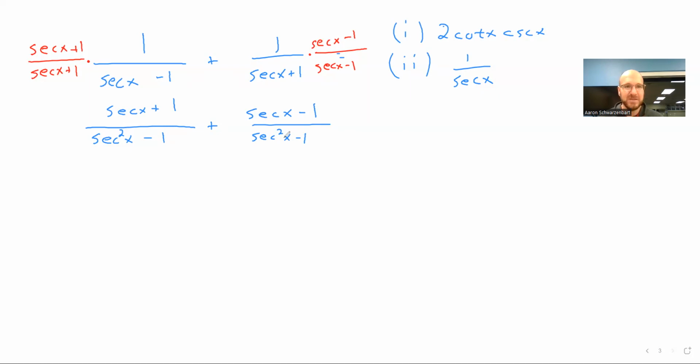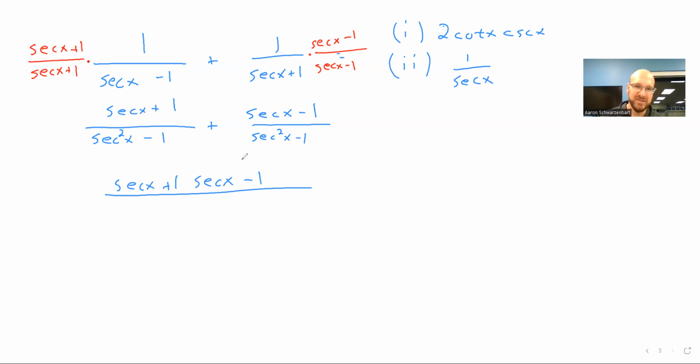Okay. So my numerators can combine. My denominator, secant squared minus 1.